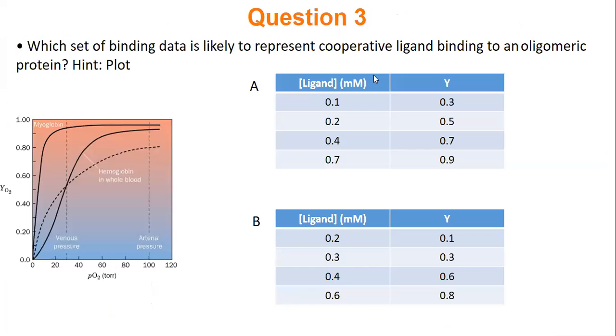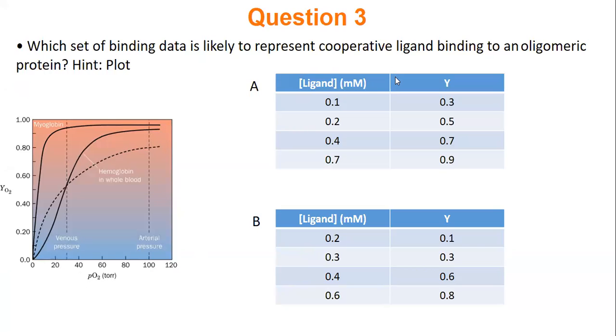If we want to look at binding data, all we need to do to determine if something has cooperative binding is make a plot where we see fraction bound. Remember, this Y means the percentage of molecules bound with ligand. And on our x-axis, we have our ligand concentration.